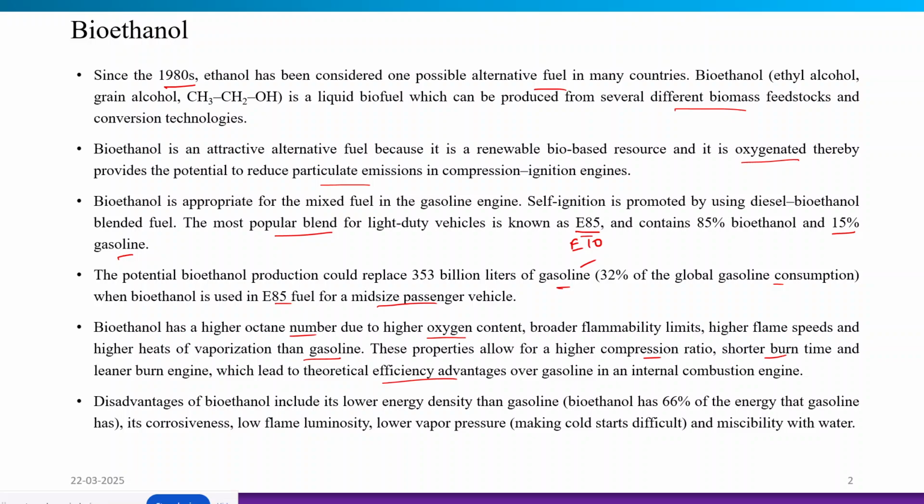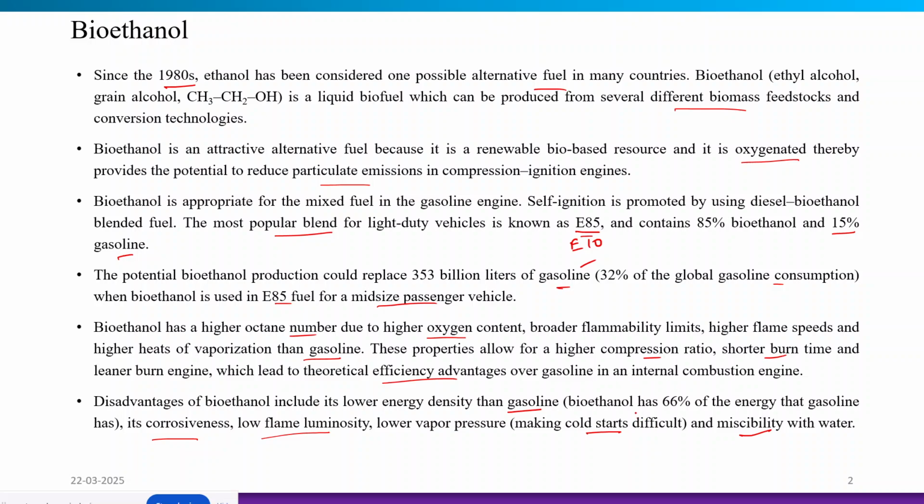It has some disadvantages too, like it has lower energy density than gasoline. Bioethanol has 66% of the energy that gasoline has. Its nature is also corrosive, with low flame luminosity and low vapor pressure, which makes cold start very difficult, and it is also miscible with water.